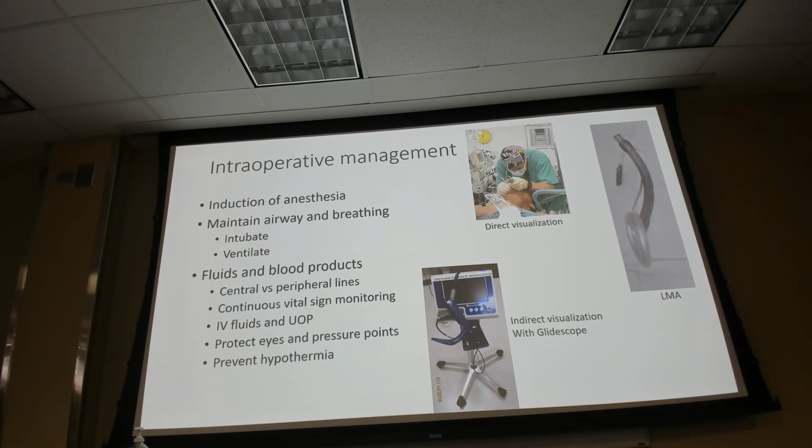We also have to think about, if you're paralyzing them, protecting their eyes. If you leave their eyes open, you run a risk of dry eye, but you also run a risk of some sort of abrasion or laceration. So you always have to consider that as well. Sometimes we'll tape the eyes shut, and then we need to prevent hypothermia.